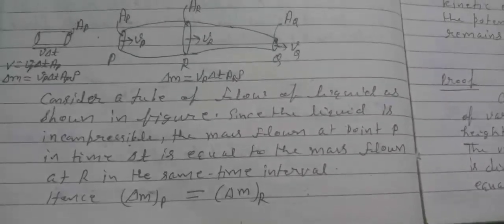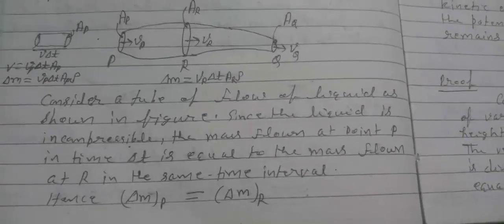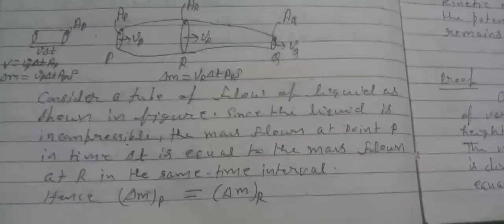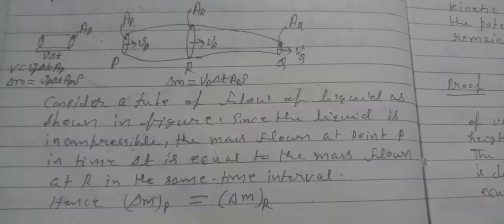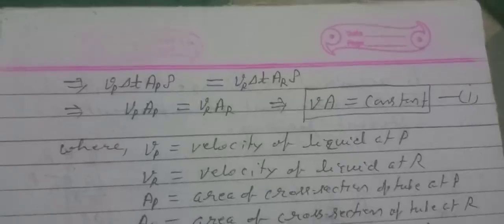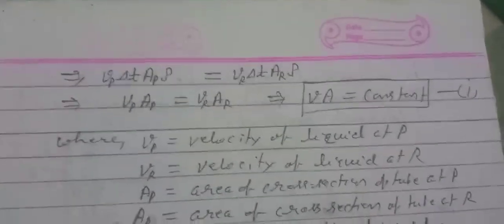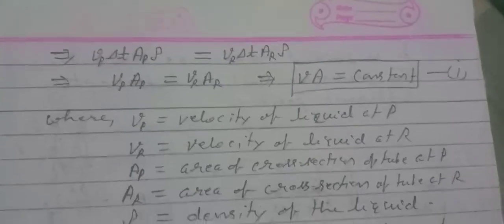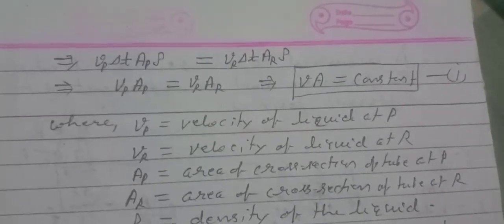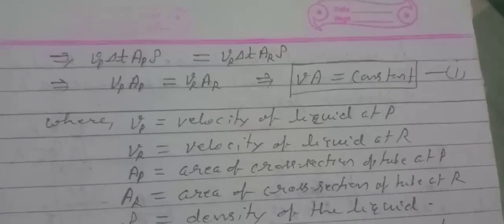Hence, delta Mp equals delta Mr. Now, this mass will be given as Vp delta t Ap rho. So Vp delta t Ap rho equals Vr delta t Ar rho. This implies Vp Ap equals Vr Ar, proved.